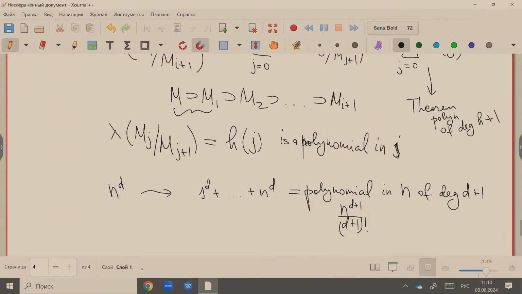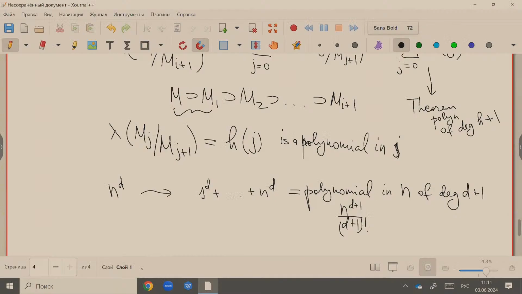Notice that if you take the arithmetic progression 1 etc. plus n, you will have n squared divided by 2, which is 2 factorial. This can be proved by induction or by other methods.